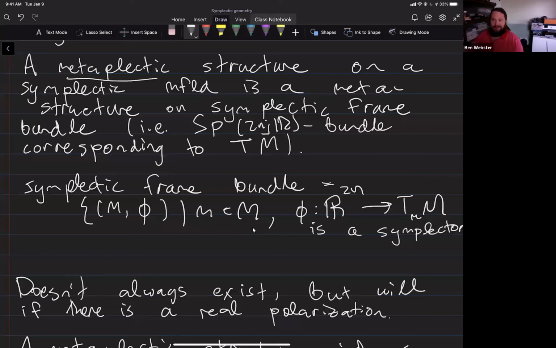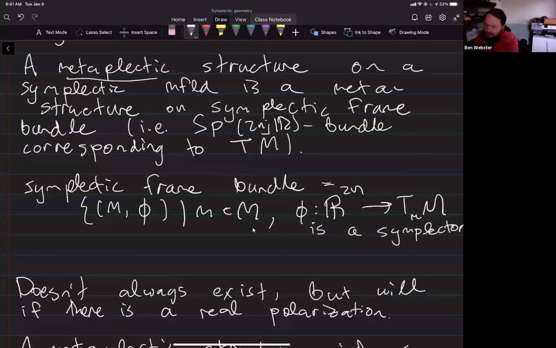If I cut my symplectic manifold up into small enough open sets, I can choose an isomorphism with R^2n as an isomorphism to the trivial bundle with the usual symplectic structure. And then the functions on the overlap that relate the two trivializations will be transition functions in Sp(2n). All right, I can ask, can I lift those up to the metaplectic group?